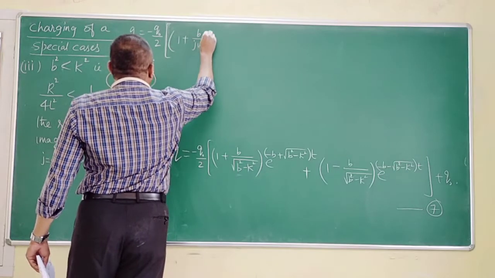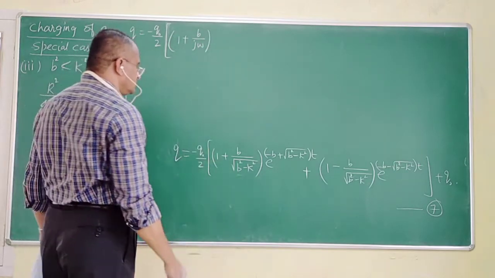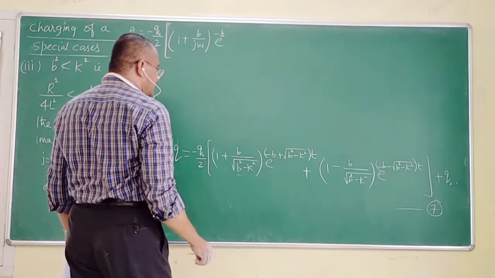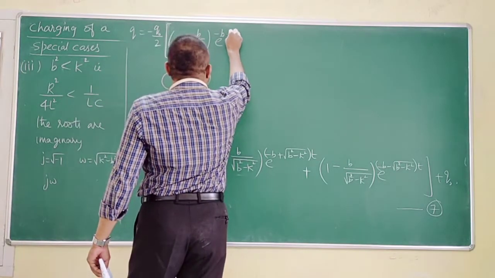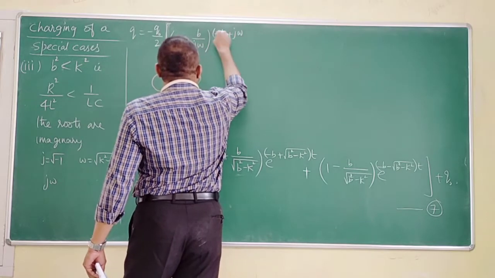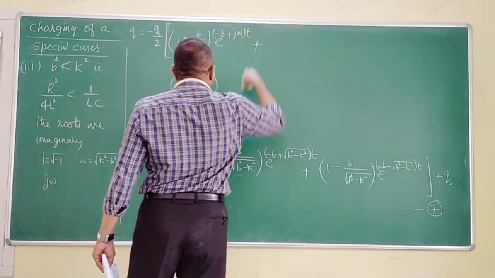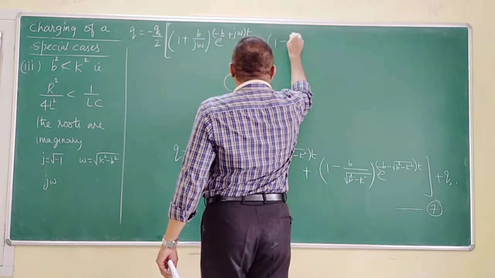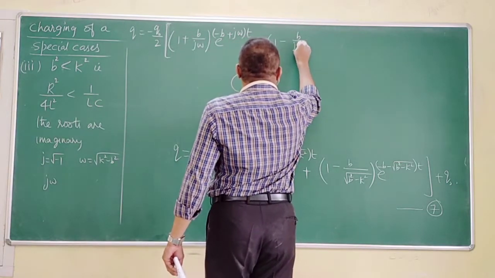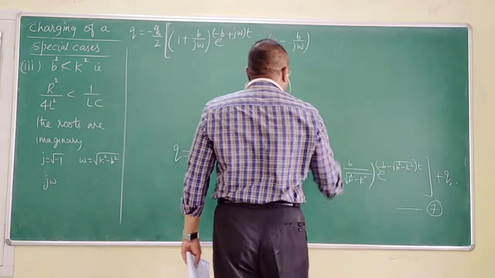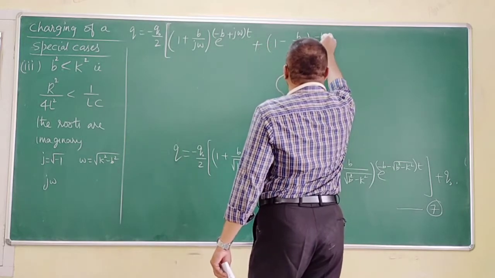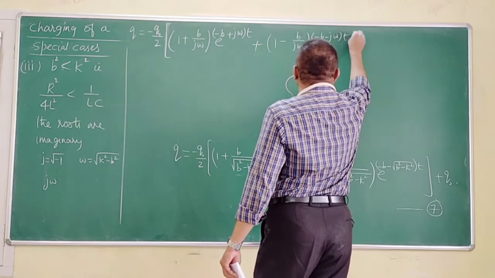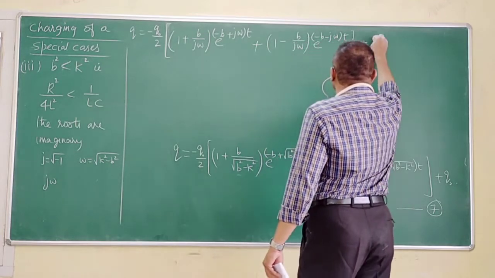b by j omega into e power minus b plus j omega t plus 1 minus b by j omega into e power minus b minus j omega into t, bracket close, plus q naught.